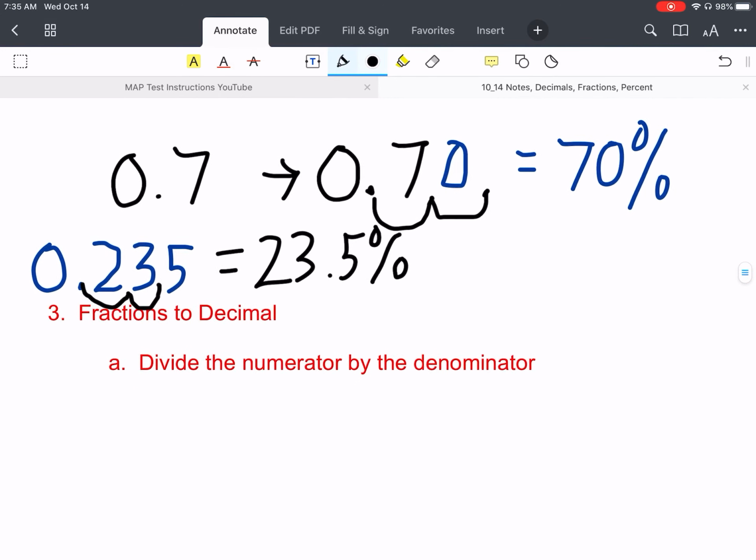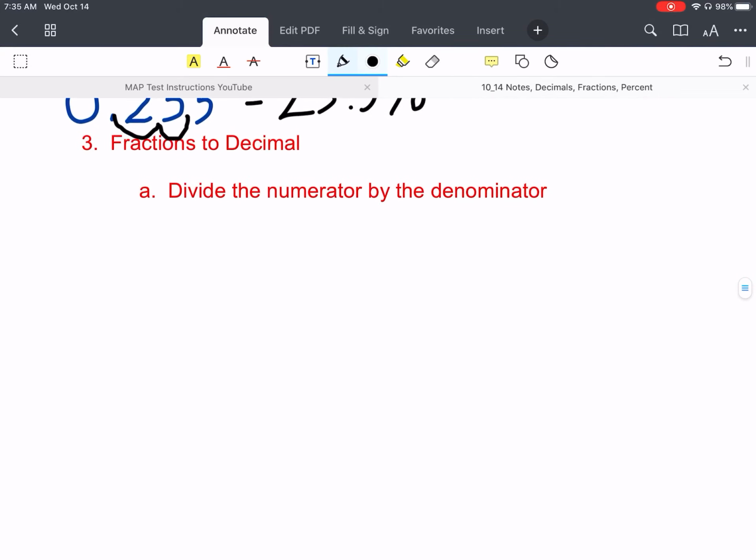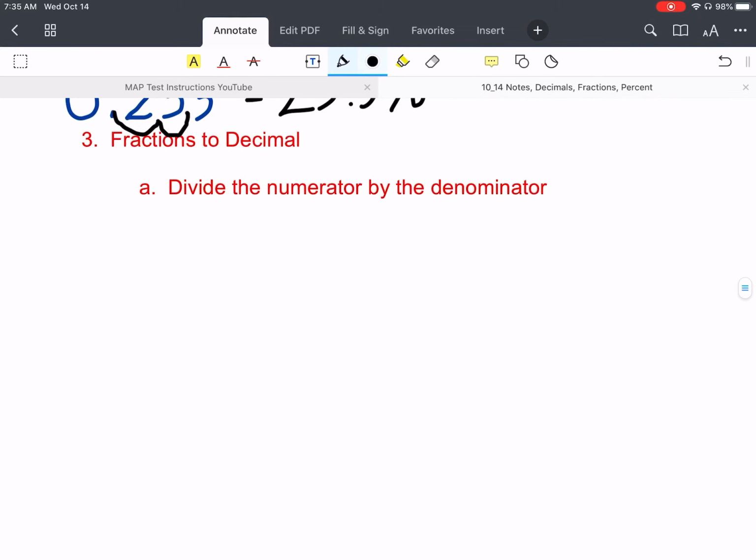Okay, fractions to a decimal. This is the toughest one. So if we have a fraction, let's say 4/5, what we're going to need to do is divide the numerator by the denominator.